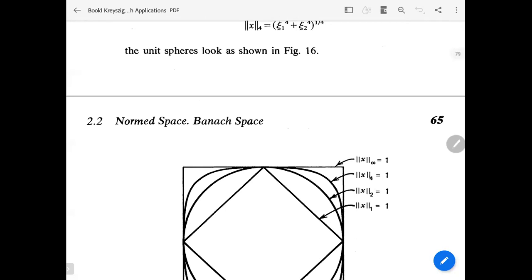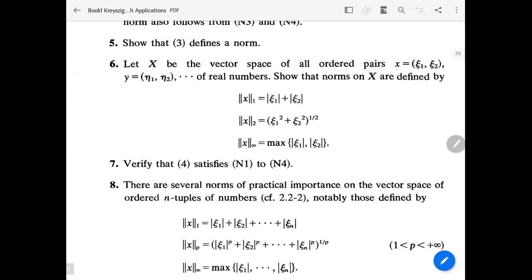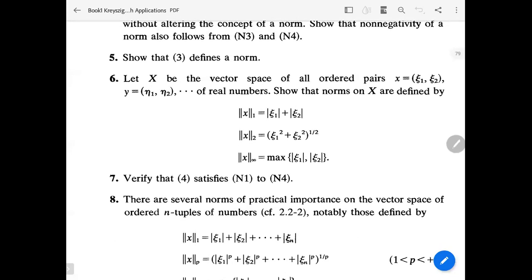So consider this question number 6, for example. Consider the set of all ordered pairs, xi1, xi2, eta1, eta2.